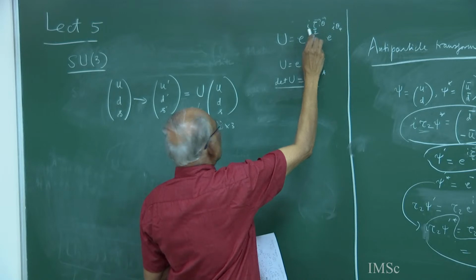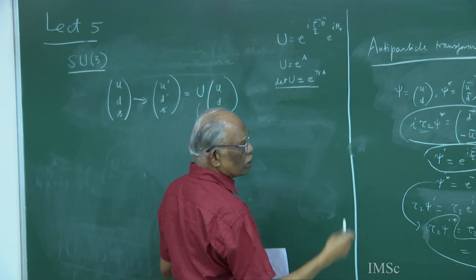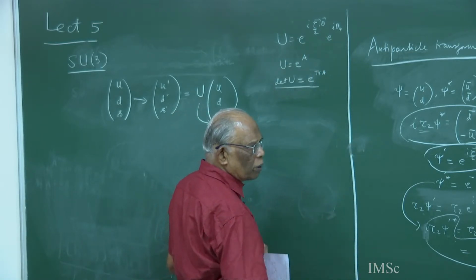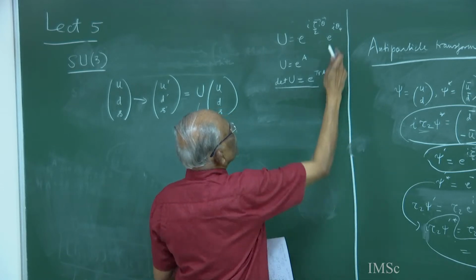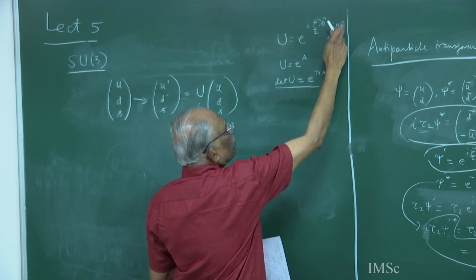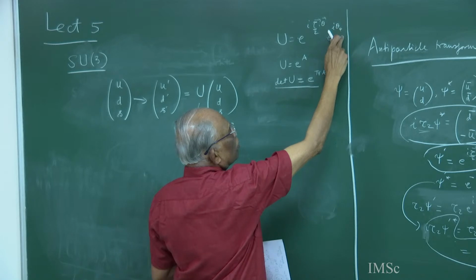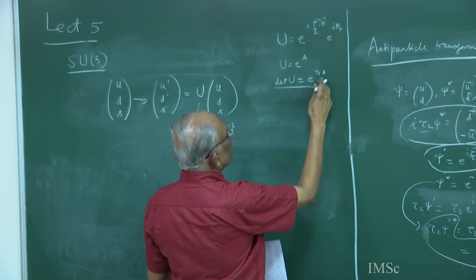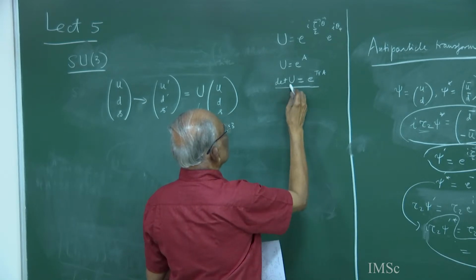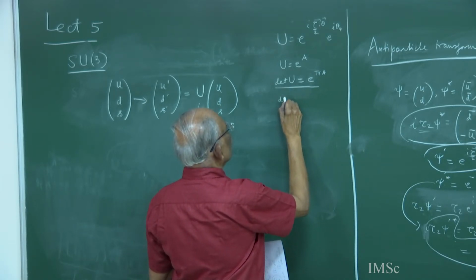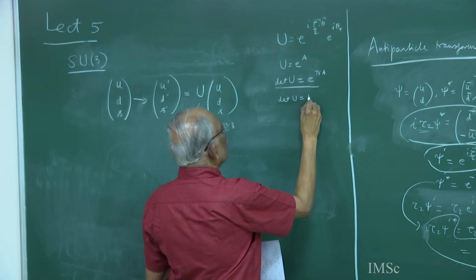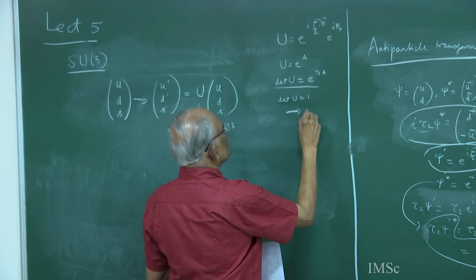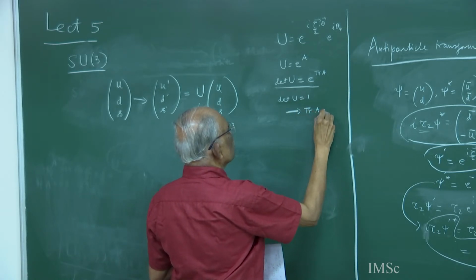That is why all the taus which we wrote down are traceless. You add the diagonal elements, it is 0. The determinant of U equal to 1, unimodularity means trace of A equal to 0.